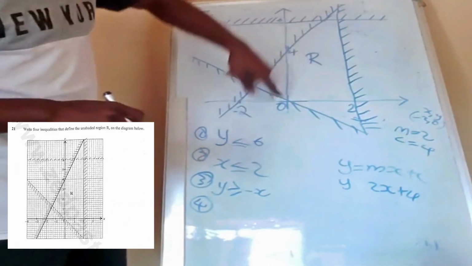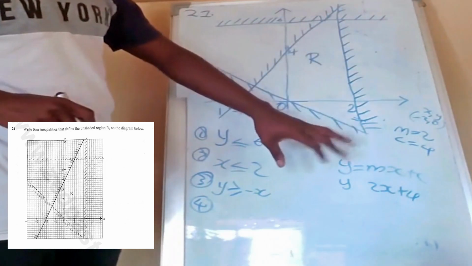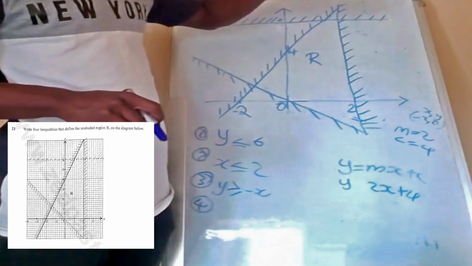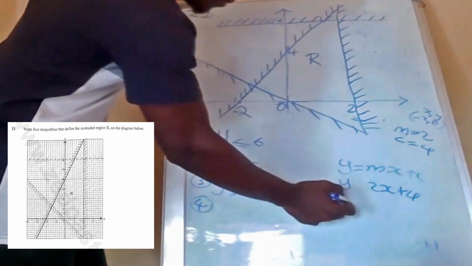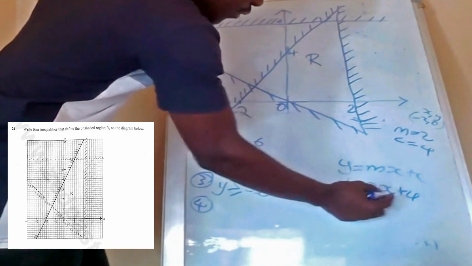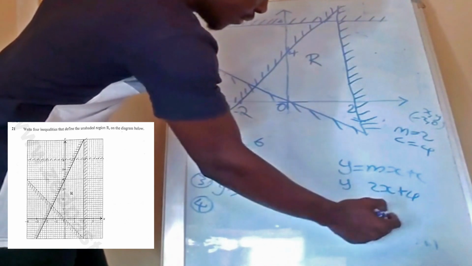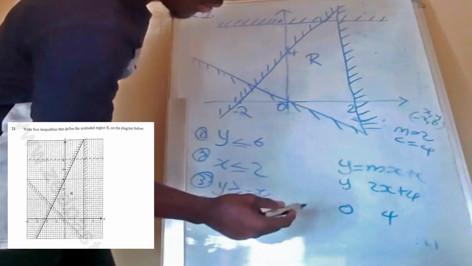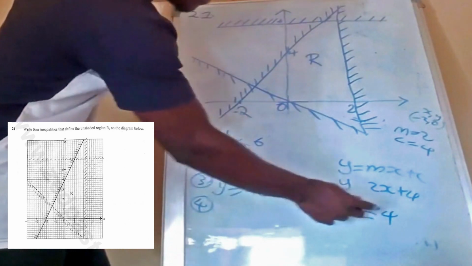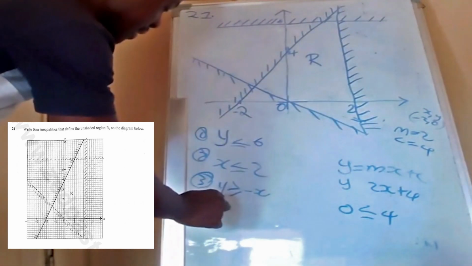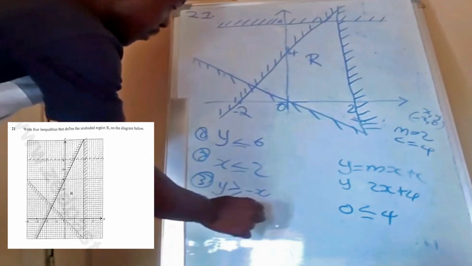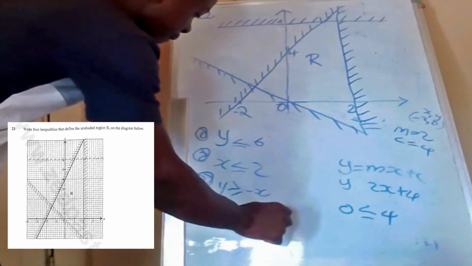Let's pick 0, 0. 0, 0 is in our wanted region. I always advise to pick points in your wanted region. We put 0, which gives us 0. 2 multiplied by 0 is 0. We'll have 4. So now, which sign do we put there? Put this sign, because the 4 is greater than the 0. So our fourth inequality is y is less than or equal to 2x plus 4.